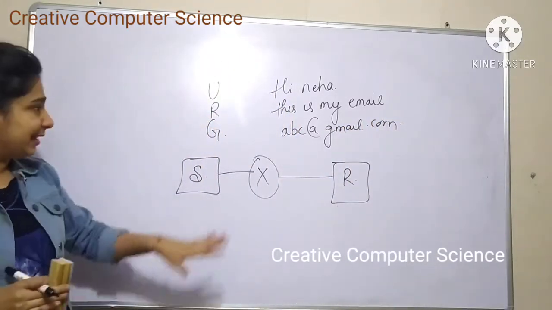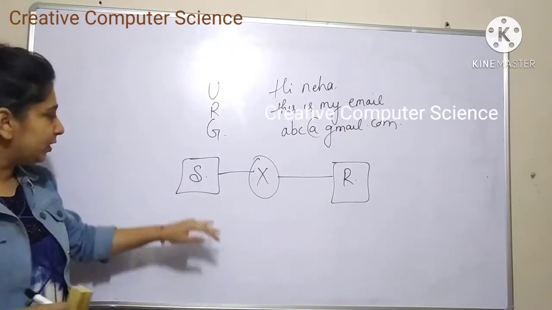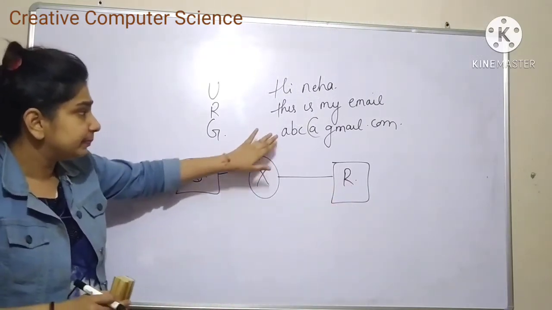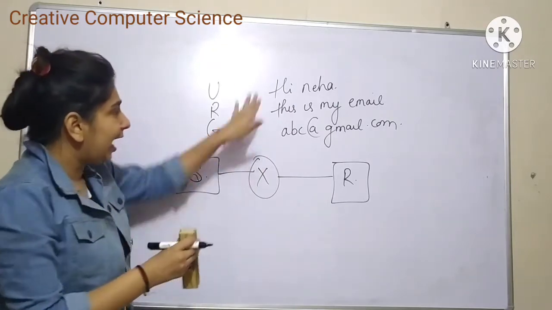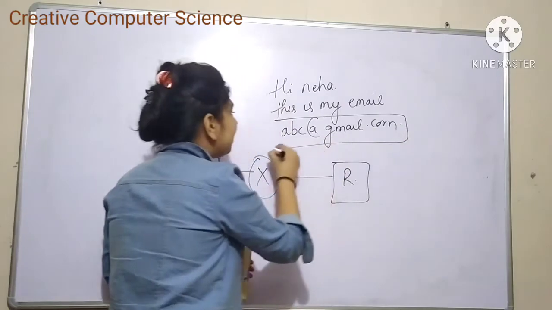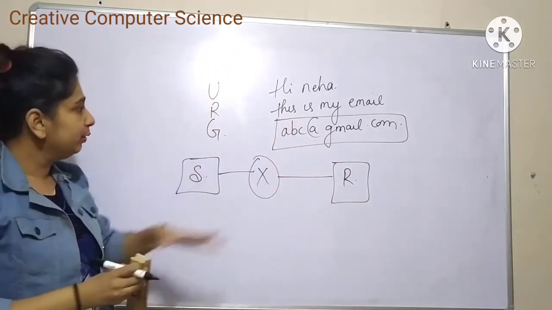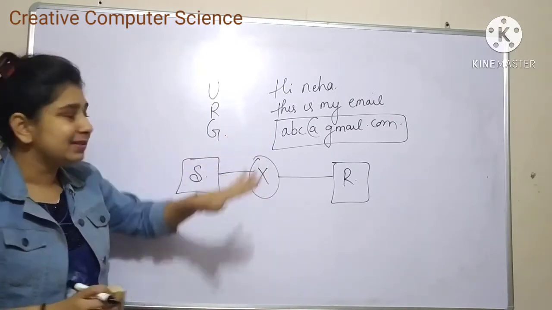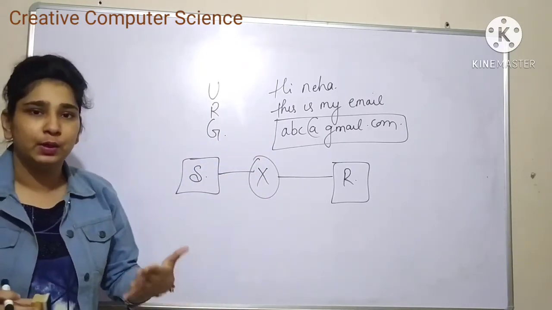Okay, so let's suppose this is the message which I am sending to my friend. If you look at the complete message, this email is the urgent data, the most urgent data.